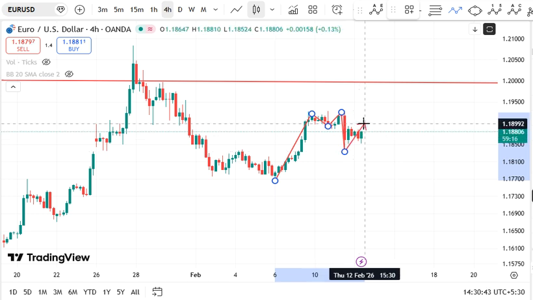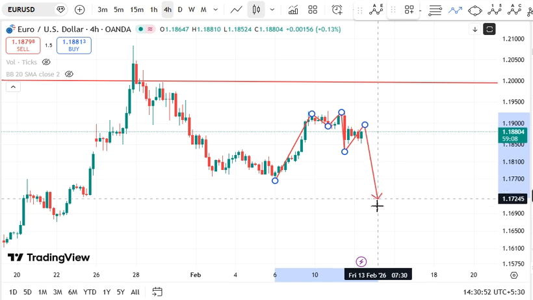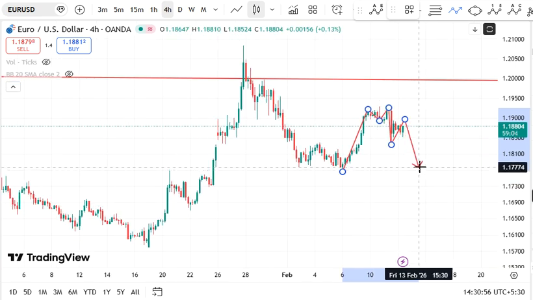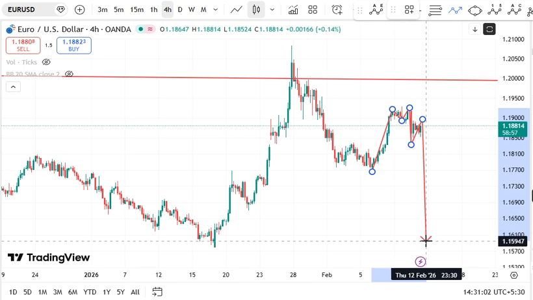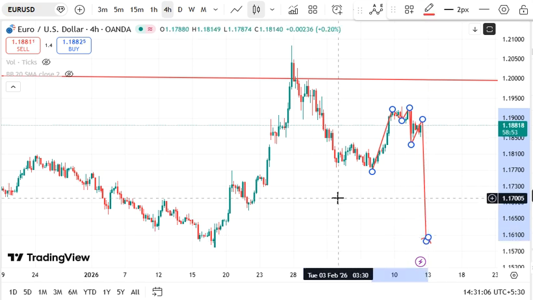Again, a possibility of a lower high. If we see any lower high here, we may short the USD. Our first target will be 1.7777 and our next target will be 1.15947. So in this way you can trade the USD.